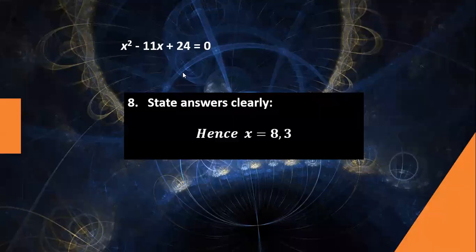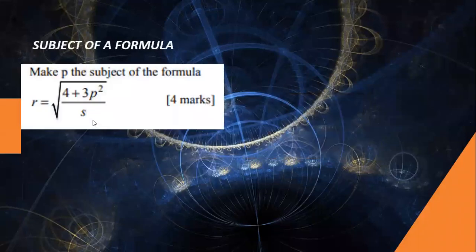Hey guys, awesome. Let's continue. So in this case, we're going to find the subject of a formula. We want to make P the subject of a formula. Immediately, since there's a square root sign here, you want to square this side. Let's go ahead and square that side.